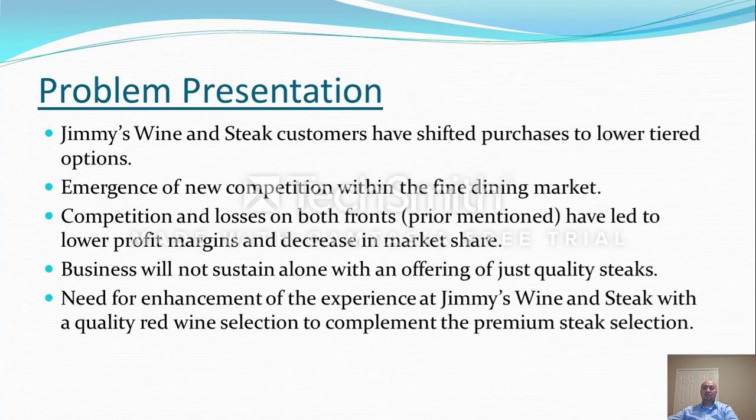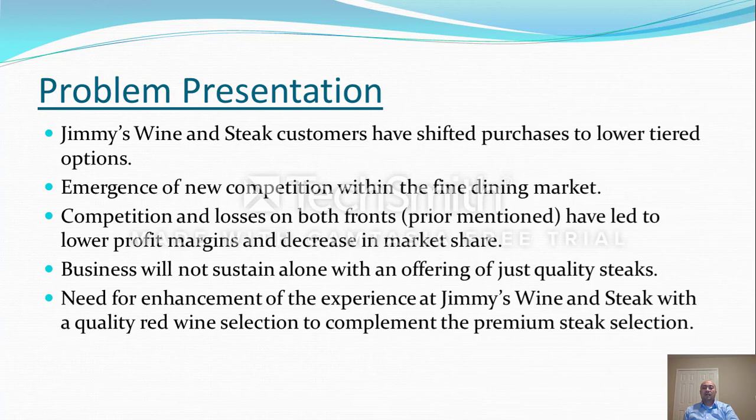Now, the problem statement for Jimmy's Wine and Steak includes a shift in customer purchases to lower tiered options. Additionally, we've also seen that there have been emergences of new competition within the fine dining market. Competition and losses on both these fronts have led to lower profit margins and a decrease in market share.